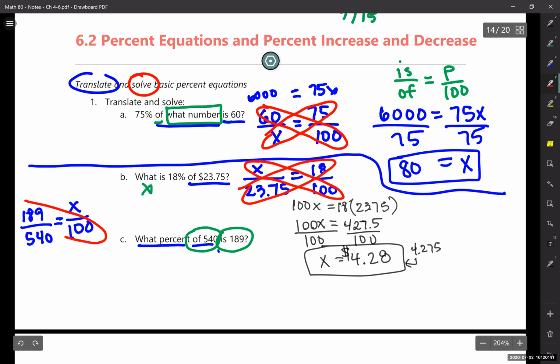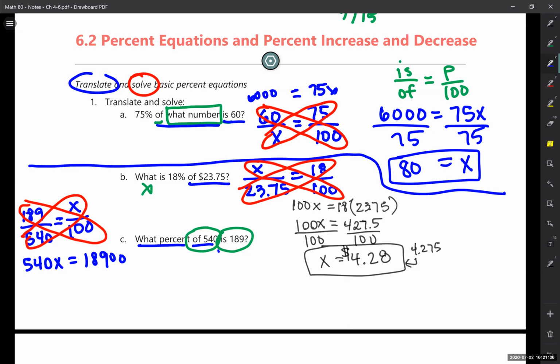And now I get my butterfly wings to cross multiply. So I have, and it doesn't matter what way you write this problem because of the equal sign. So I've been writing it a certain way every time just because that's how we write out the butterfly wings. But really, if you prefer, you can write 540x on the left and 18,900 on the right because it doesn't matter.